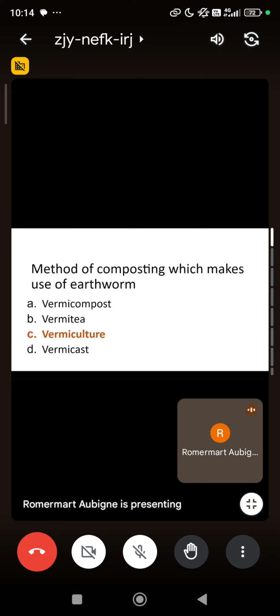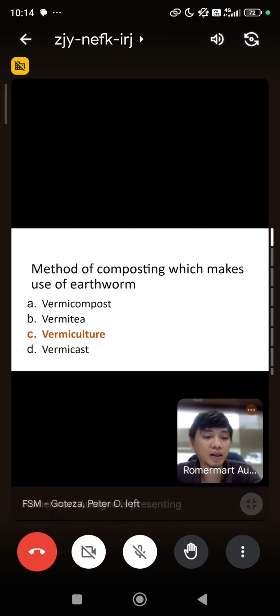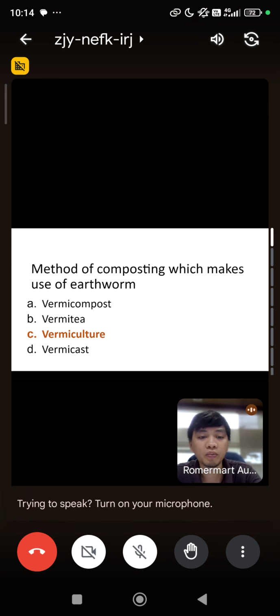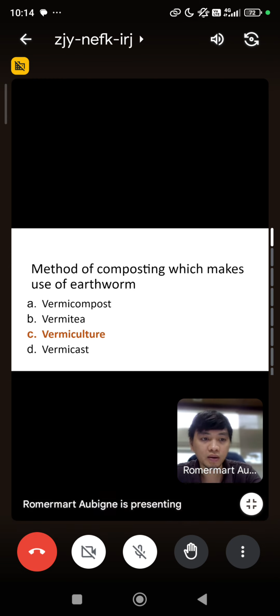During the vermicompost process, it is highly concentrated organic matter that is rich in nutrients, including nitrogen, phosphorus, potassium, salt, beneficial microorganism. Nakasama na din dito yung egg din ng ating earthworm.